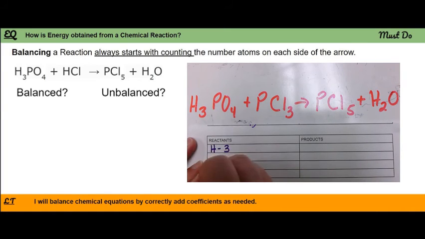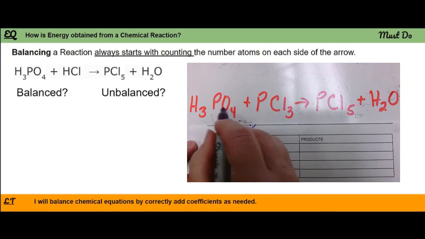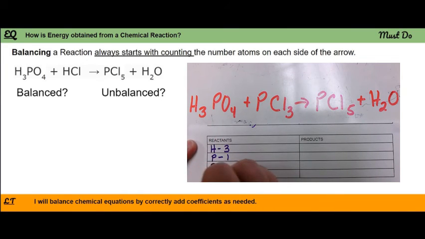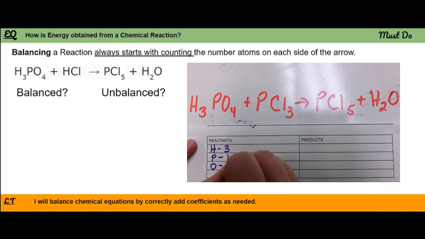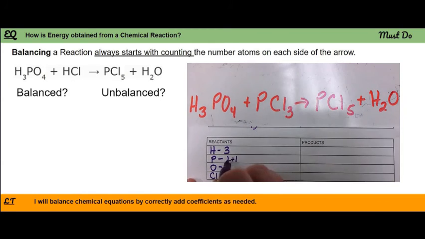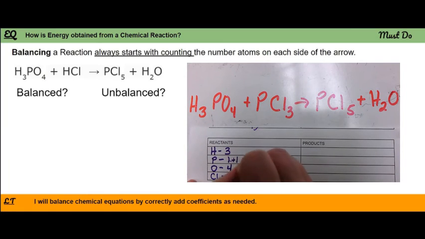Then I have a phosphorus, and there's 1 of those. And then I have an oxygen, and there are 4 of those. Then I go over here, here's another P, so I have to add 1. And then a Cl, there are 3 of them. If I add these together, I get 3 hydrogens, 2 phosphoruses, 4 oxygens, and 3 chlorines.